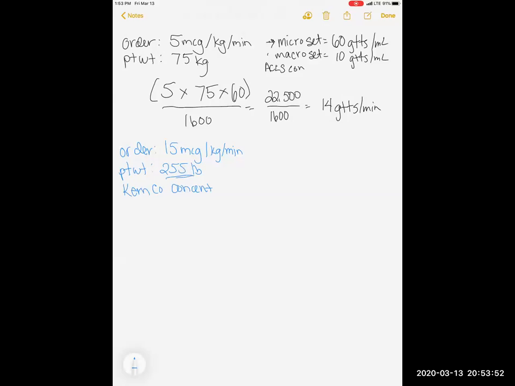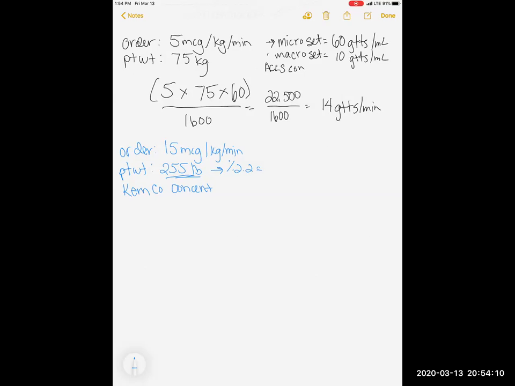The first thing we have to do is convert to kilograms, because our order isn't micrograms per pound, it's micrograms per kilogram per minute. We have to make sure all of our information matches.